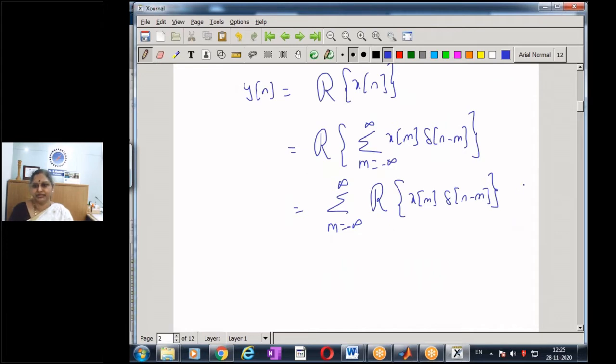This is because the system is linear. Now x[m] we know is a constant, the value of the signal at n equal to m. And hence, once again by using the linearity property, I can write it as x[m] times the response to delta[n minus m].